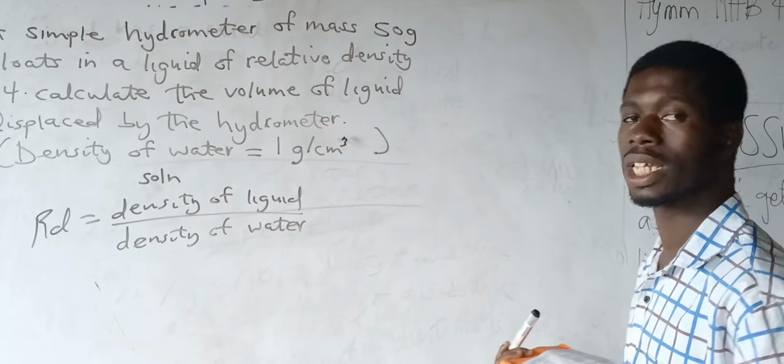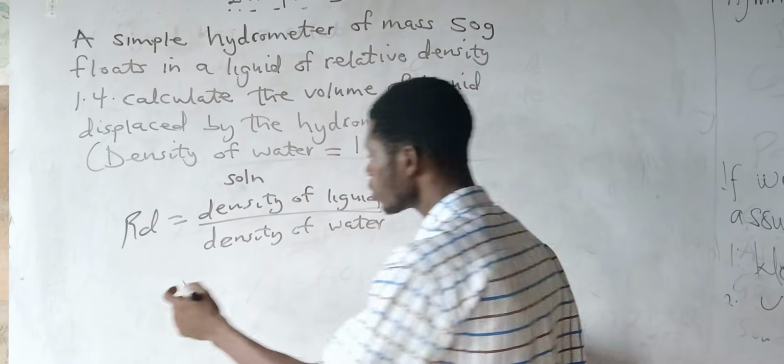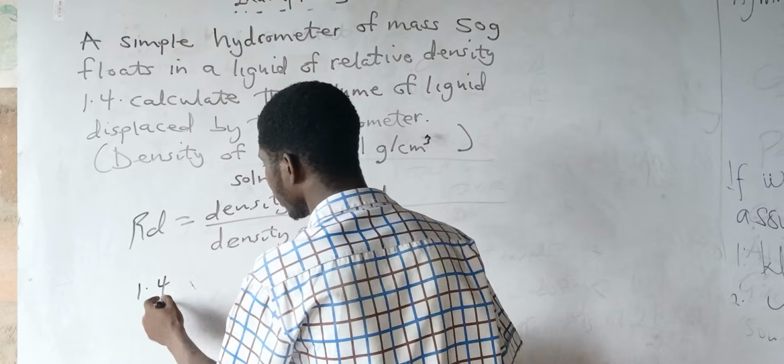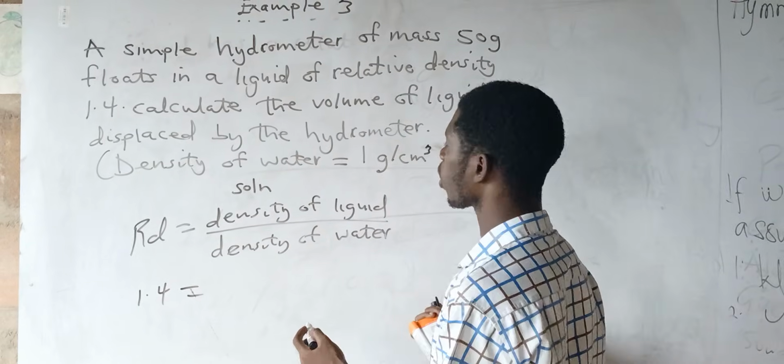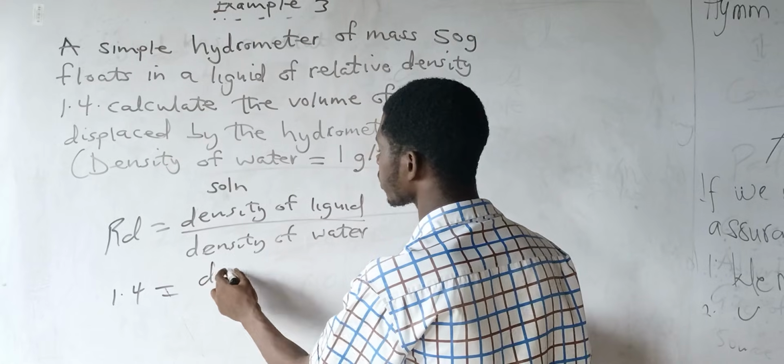Relative density was given to us in the question as 1.4, right? The density of liquid was not given to us in the question, so we're supposed to find it.